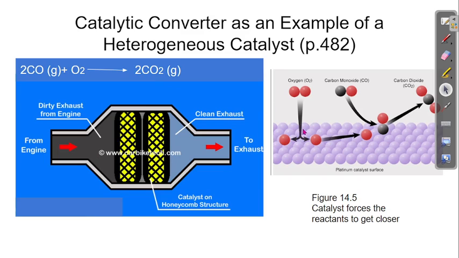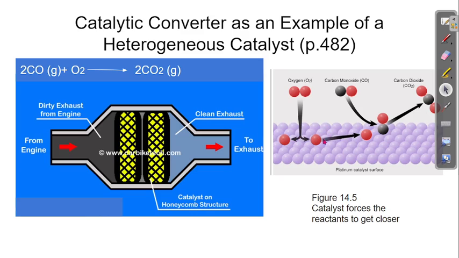So how does it do it? Well, carbon monoxide and oxygen both are attracted to the metal, which is platinum. It's a platinum catalyst surface of the catalytic converter in your car. Because both of them are attracted to that metal, they attach themselves to the metal, and that puts them in close proximity.